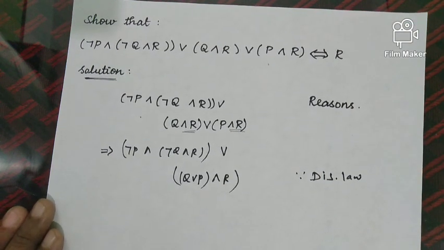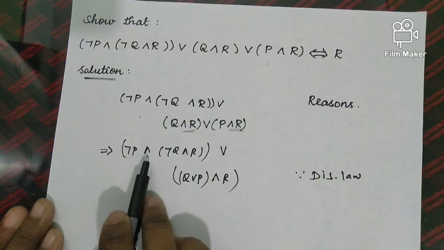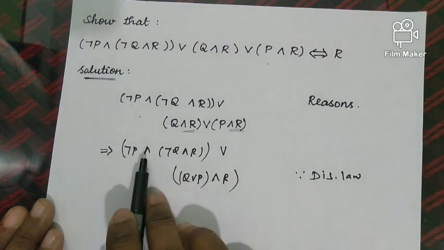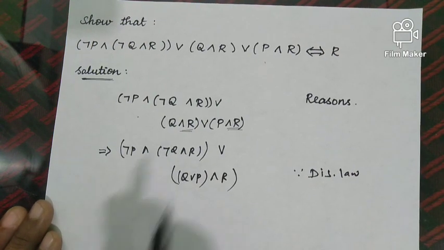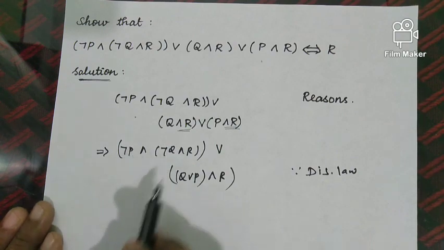Now look at this one. In this one also we have negation P and negation Q and R. So in the first term, here is 'and' and here is also 'and', the same operator is there. In this case, the same operator is there, so we can apply the associative law.